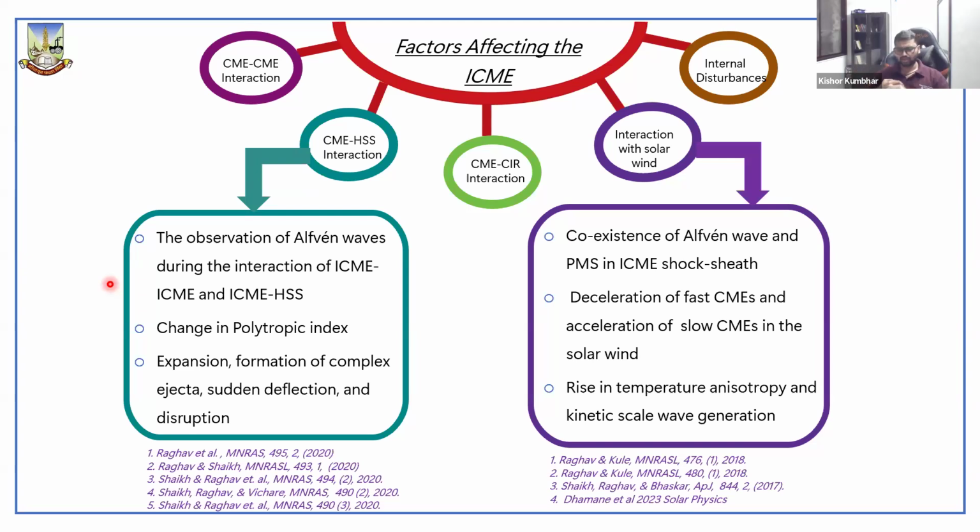And along with this, there have been several observations and numerical theories which suggest that these interactions may even sometimes lead to the generation of some MHD scale waves, or basically some plasma waves.